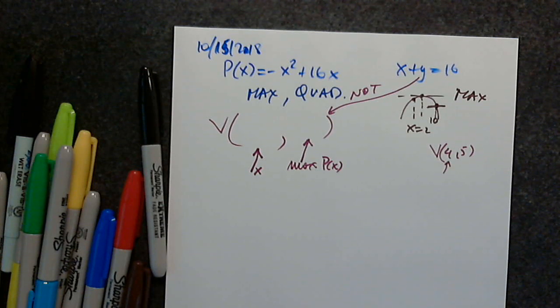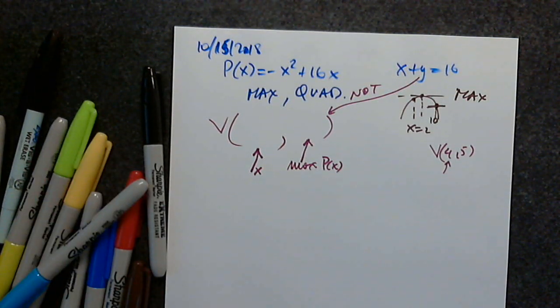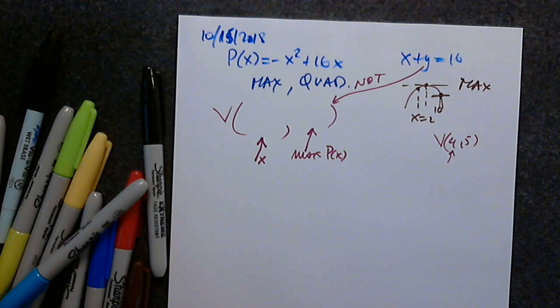So now I have to remember how to find the x-coordinate of the vertex. How do I find the x-coordinate of the vertex? Always remember the quadratic formula. Once you remember the quadratic formula, you remember what to exclude and what is left for the x-coordinate of the vertex.